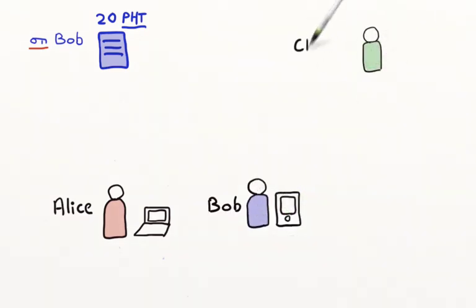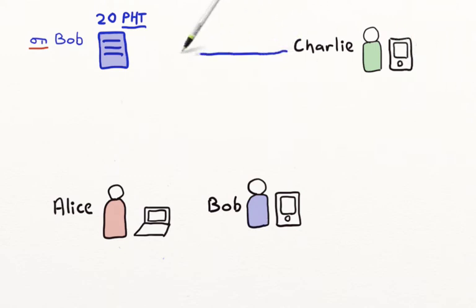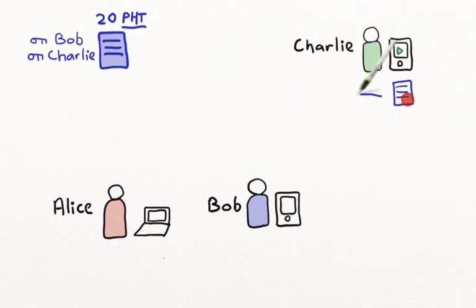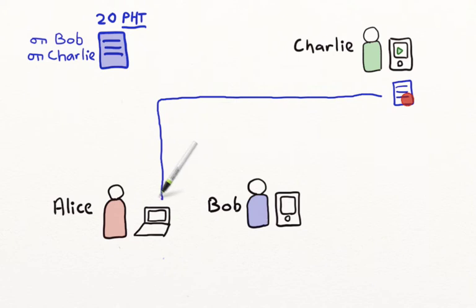Now, a second person, Charlie, would also like to watch Alice's video. So just like Bob, Charlie sends 20 photons to Alice's smart contract, where his public key is also recorded on the smart contract. Now, when Charlie clicks the play button on his app, the same authorization process occurs, but this time it happens on both Alice's and Bob's devices.